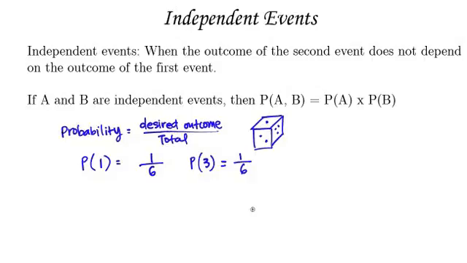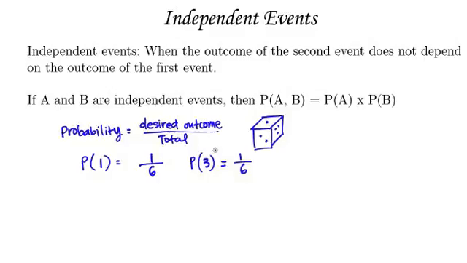So the chance of rolling a 1 is the same as the chance of rolling a 3, right? So that's probability. Now, each of these is one event: rolling a 1 is one event, rolling a 3 is another event.